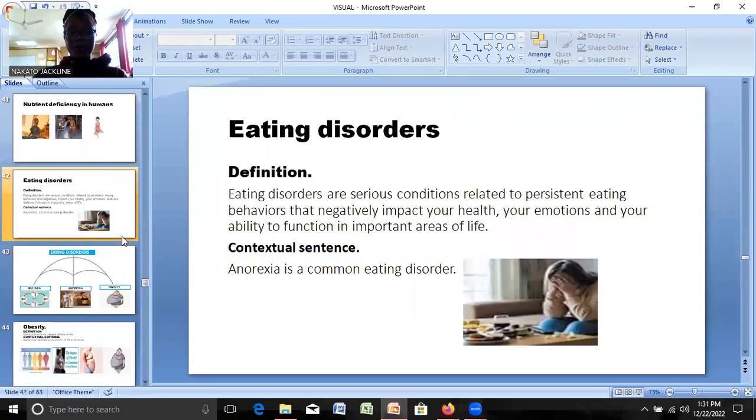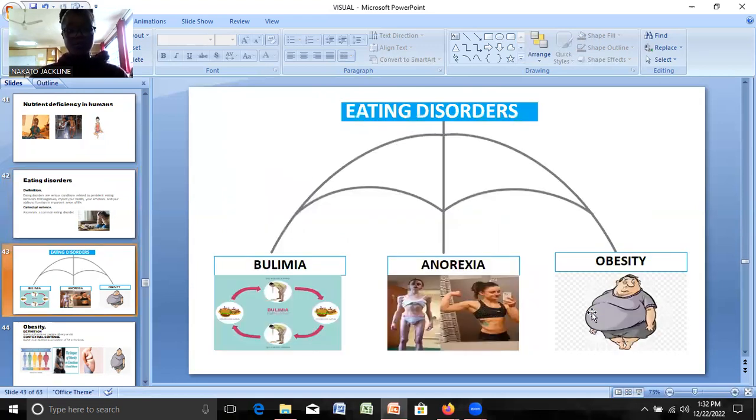So we have also eating disorders. Eating disorders, these are serious conditions related to persistent eating behaviors that negatively impact on our health. For example, here you see a person having food, but they are not in the mood of eating. They fear eating. They are scared of eating in this picture. And we have different examples of eating disorders.